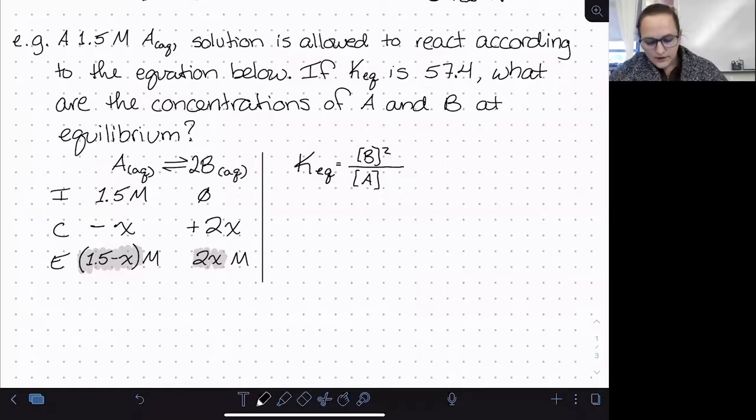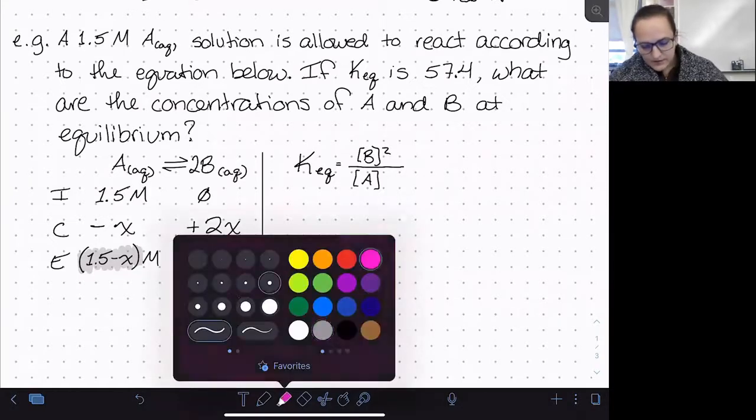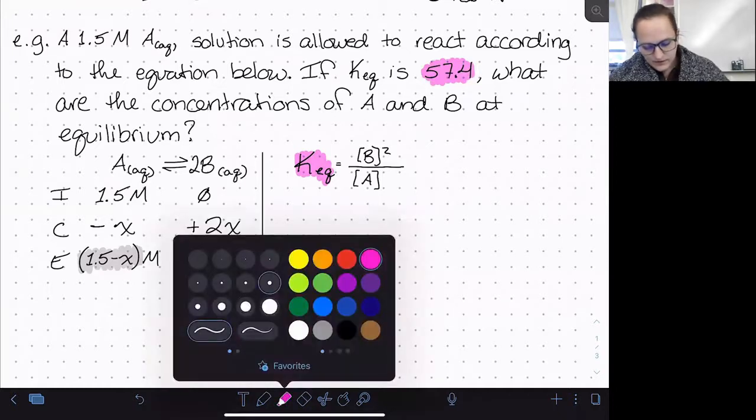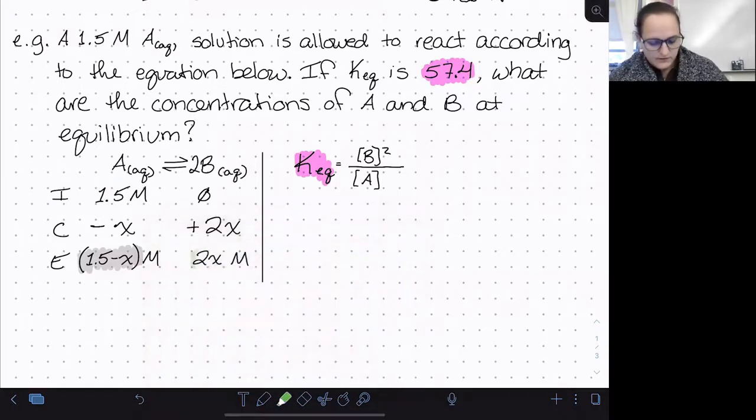So we were given the value of K in the problem as 57.4. We don't know the numerical value for our equilibrium concentrations, but we know that the concentration of B is equal to 2x at equilibrium, and the concentration of A is equal to 1.5 minus x at equilibrium.